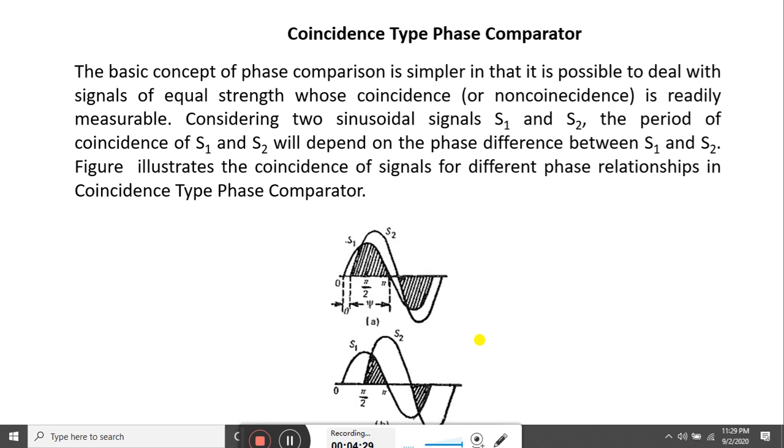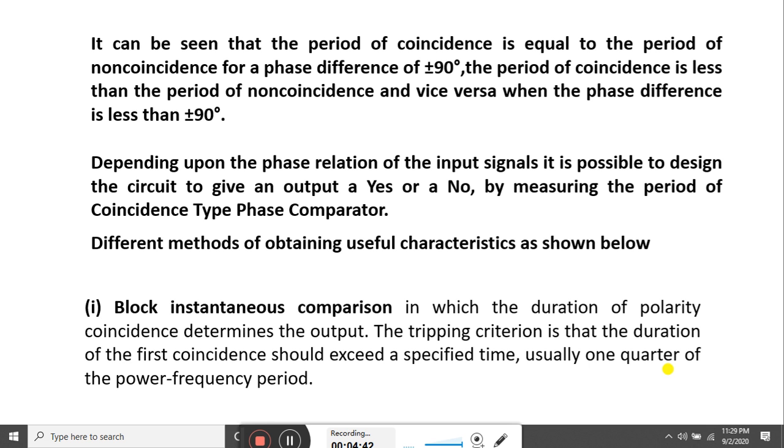Now it can be seen that the period of coincidence is equal to the period of non-coincidence for a phase difference of plus minus 90 degrees.